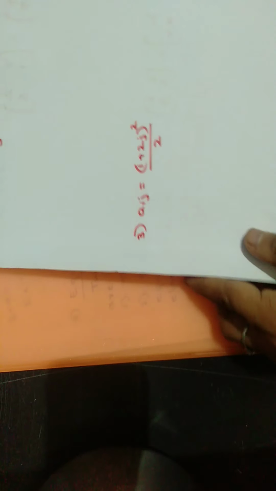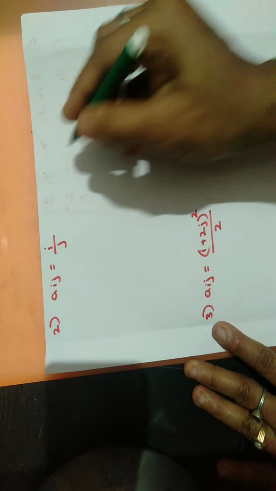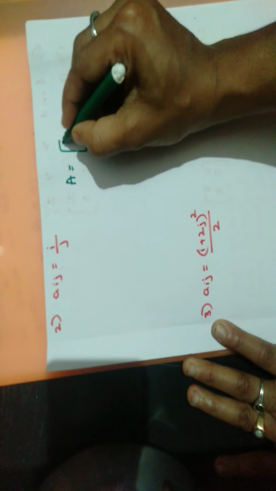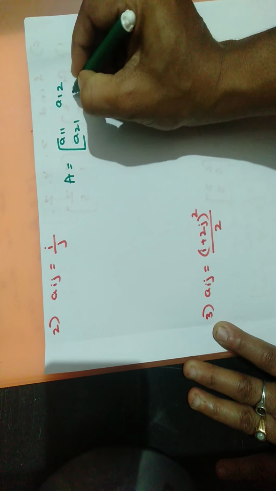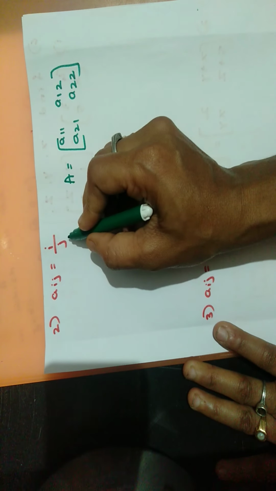So same, construct a 2 cross 2 matrix. Here we are considering Aij is equal to i upon j. First we write down the general matrix for a 2 cross 2 matrix. A is equal to A11, A12, A21, and this is A22. So here Aij is equal to i upon j.